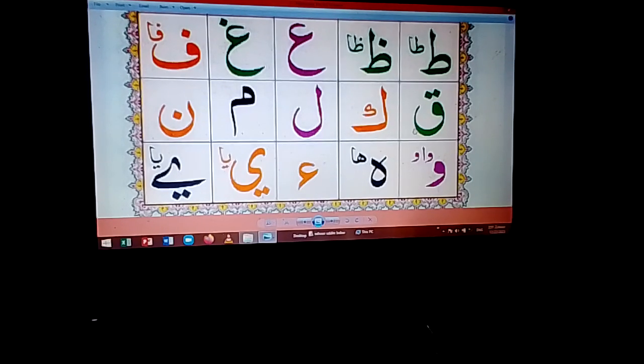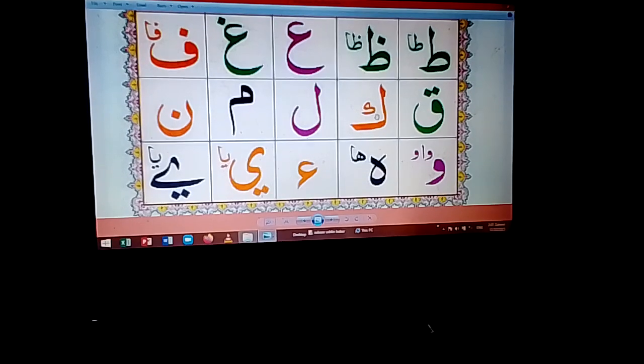Just for the sake of understanding, you can see that this is this with 2 dots. This qaf is like Q in English, and this kaf is like K. So that is kaf. Just make sure that this sign must be in your mind.